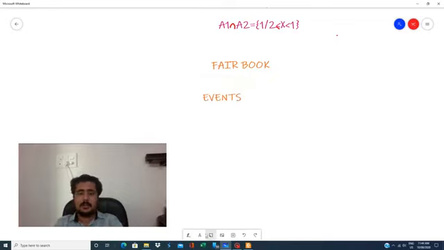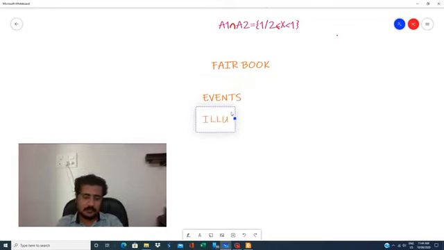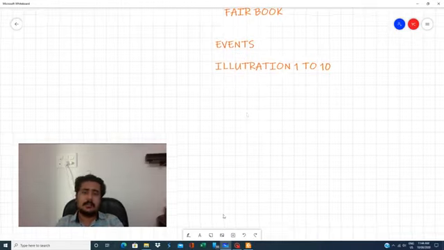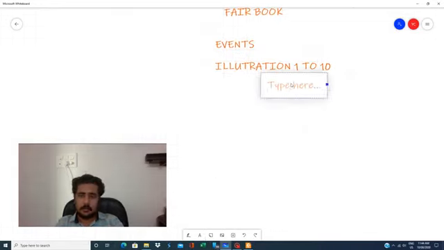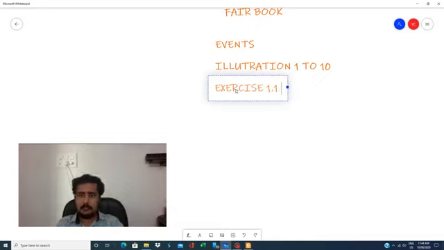Then you are going to write illustrations 1 to 10, and in that book you are going to write exercise 1.1, and you know in exercise 1.1 there are 15 sums.